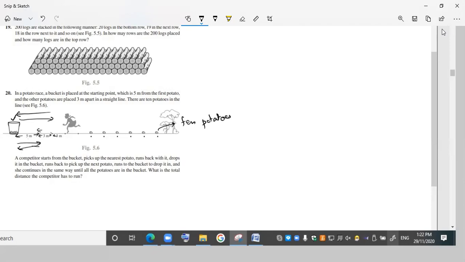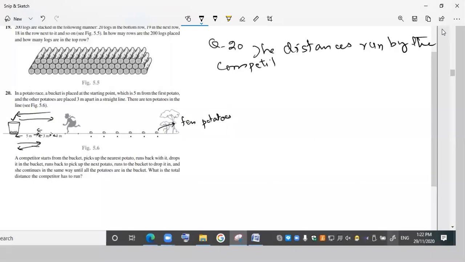So how will we write it? We will write like this. The distances run by the competitor are: the first distance is 5 meters.